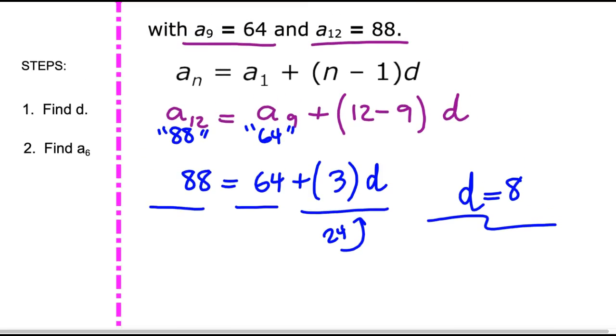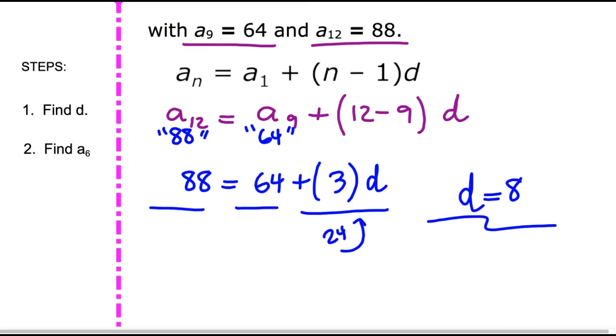So now if the constant difference is 8, I can put that right into the equation here, and I can determine whatever term I need. But I need to know a sub 1. Well, on ours it has 3 steps, and it says find d, then find a sub 1, and then the term.